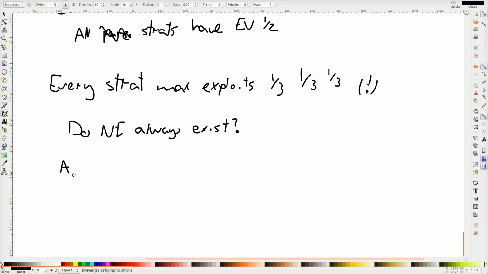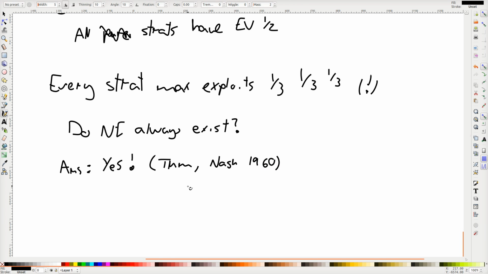And the answer is yes. In every game, there's at least one Nash equilibrium. And this is a theorem. A theorem is a statement of truth of major importance, and it's due to Nash, hence the name. And I believe this was in his thesis in 1960.